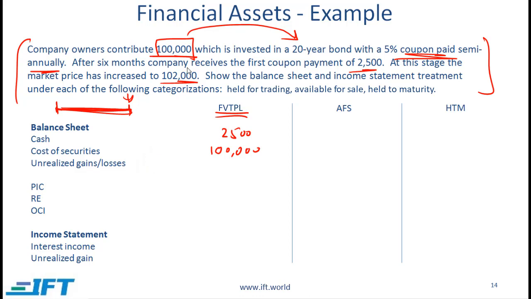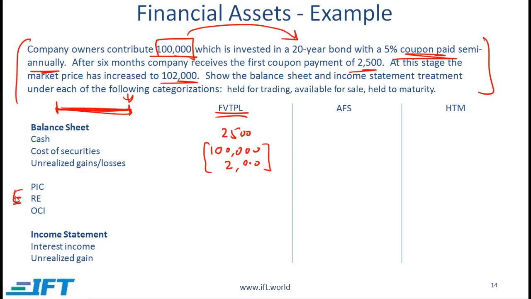In this case, the security went from 100,000 to 102,000. So we have an unrealized gain of 2,000. Note that effectively we are showing 102,000 on the balance sheet, and this connects with what we just talked about, that the current fair value of the asset needs to be shown on the balance sheet.